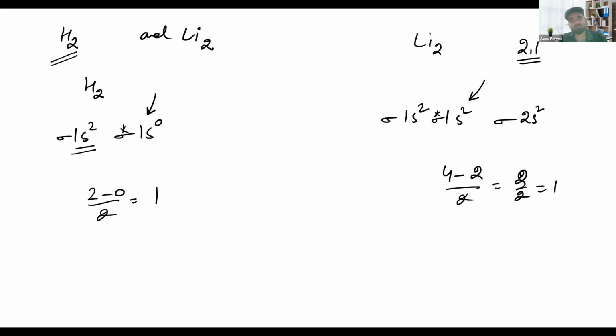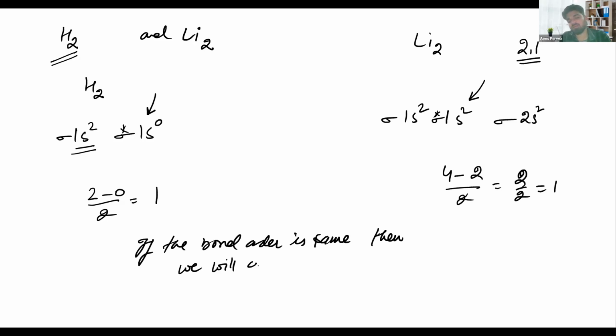Okay, note this down: if the bond order is the same, then we will compare the number of anti-bonding electrons.